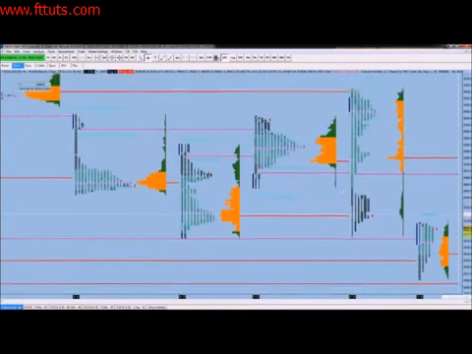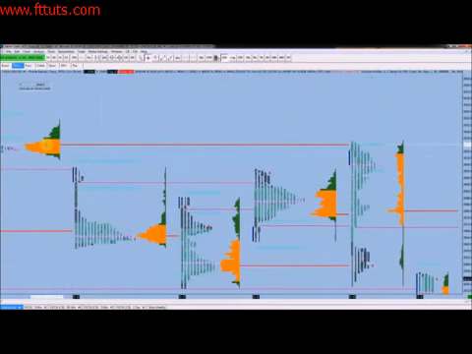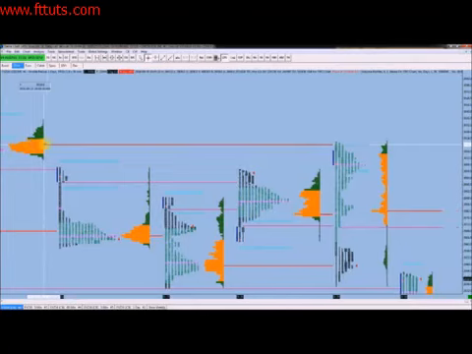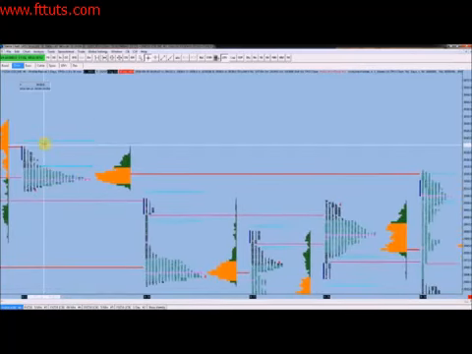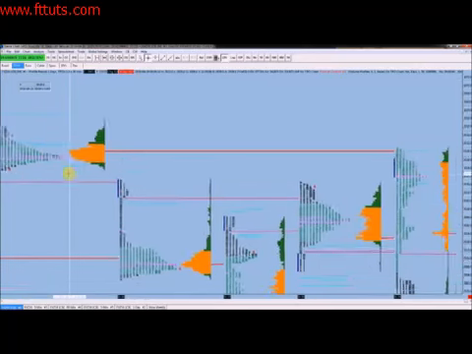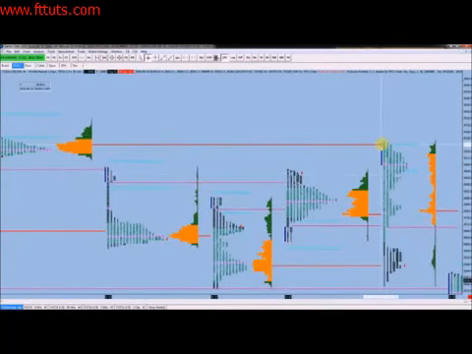Currently to the upside, okay, we had a naked VPOC on this day that came in at 30.20, created on this Friday across here. Very quiet day, but created this VPOC, and then 4 days later the market came up.